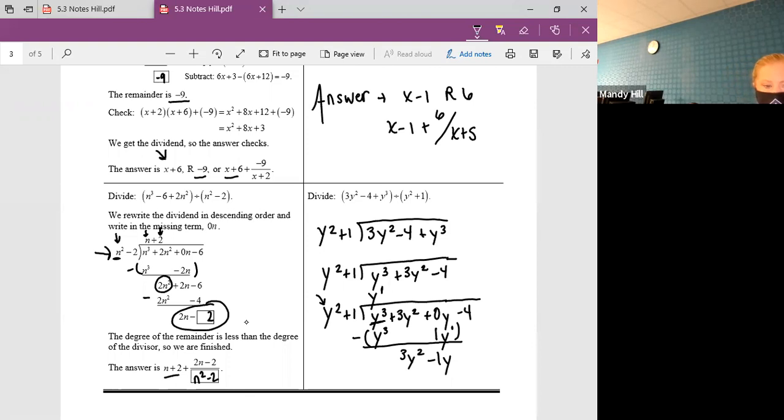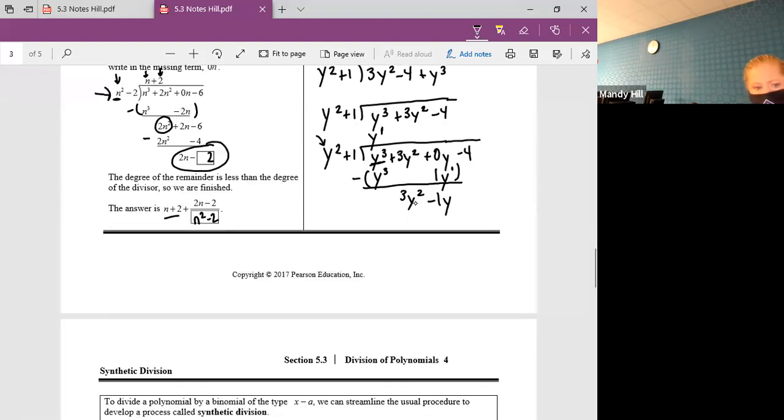Okay, we need to get rid of this 3y squared. So what can I multiply y squared by that's going to get me 3y squared? It's always got to be the exact same thing because you're subtracting. So we need to multiply by positive 3, so that 3 times y squared is 3y squared.